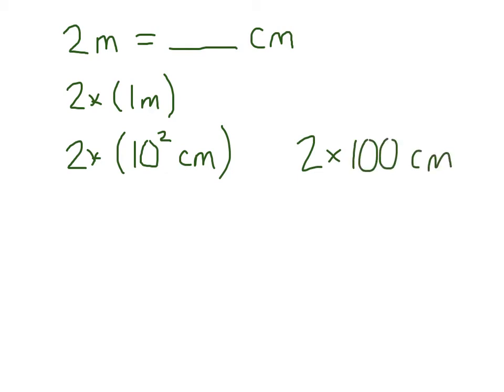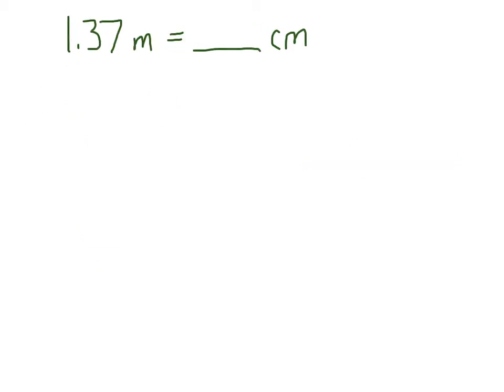And however way we do it, the exponent 2 tells me I'm shifting my decimal 2 places to the right, or my digits 2 places to the left. So there's the 2 zeros here. I'm going to end up with an answer of 200 centimeters. That makes sense. Every meter is 100 centimeters. I have 2 of these, so I have 200 centimeters.